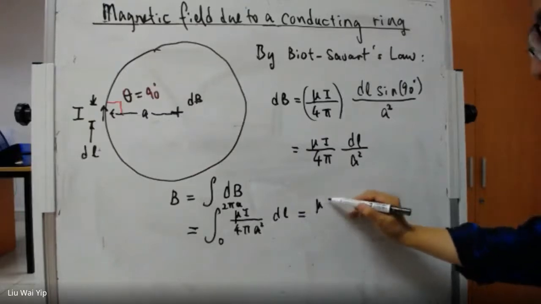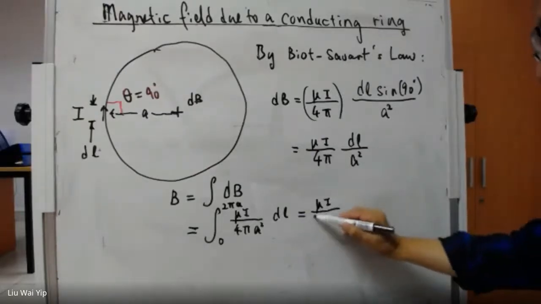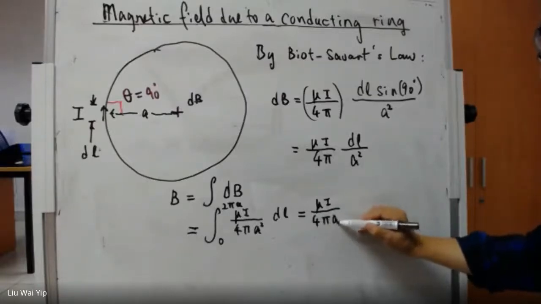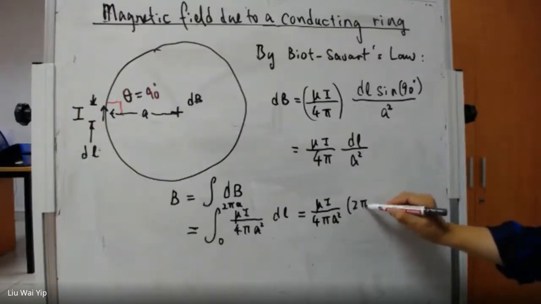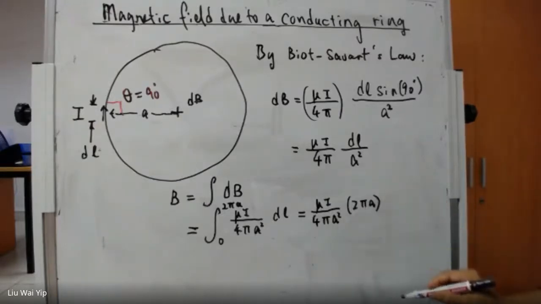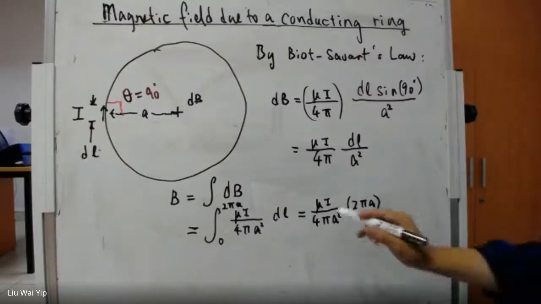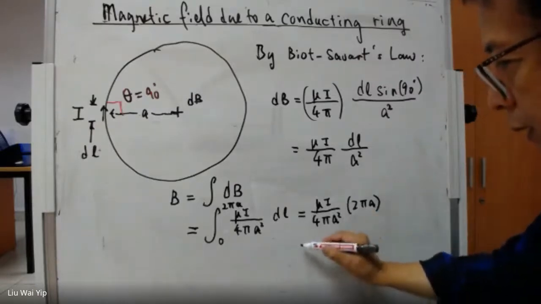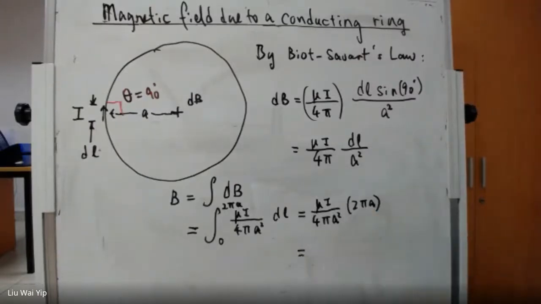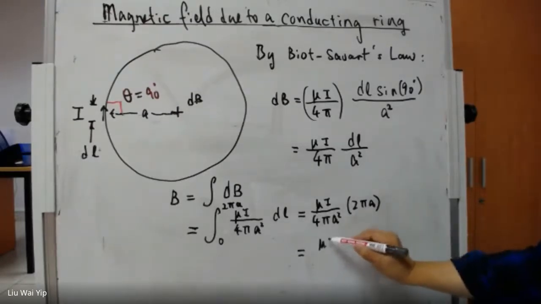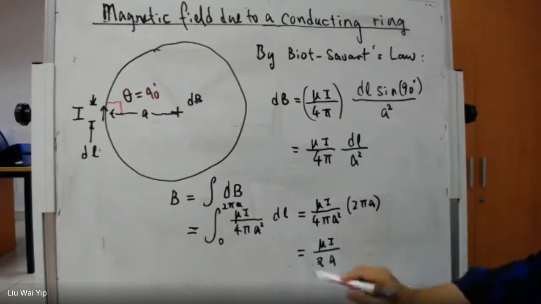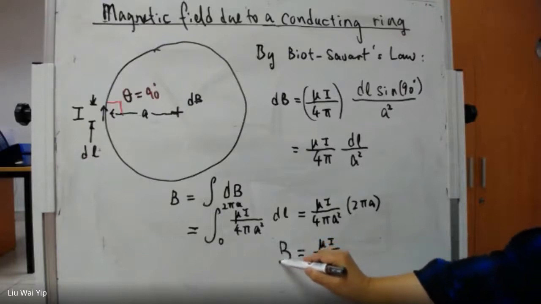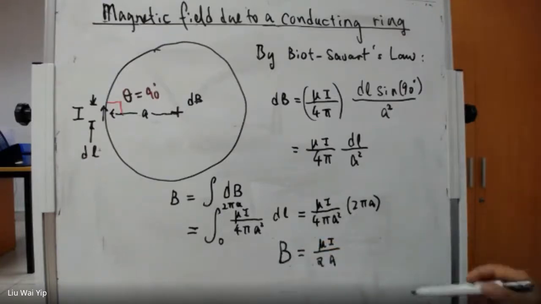Eventually, you will have 4 pi a squared and then multiply by 2 pi a. The answer for this integral is going to be mu I divided by 2a. So this is the answer.